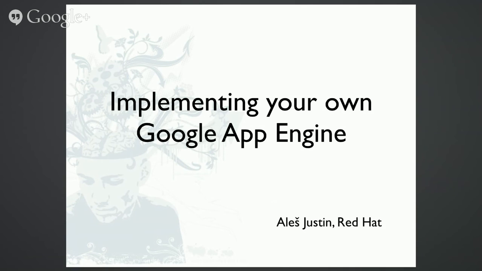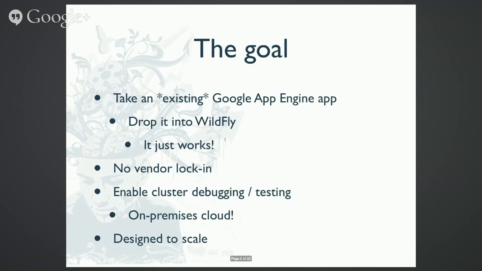I started off using the Datastore API. If I can pull that off, I think I can pull all the other parts of the API as well. And this is how it evolved. We started off with a prototype, it was working, and then we moved on to other aspects of the API.